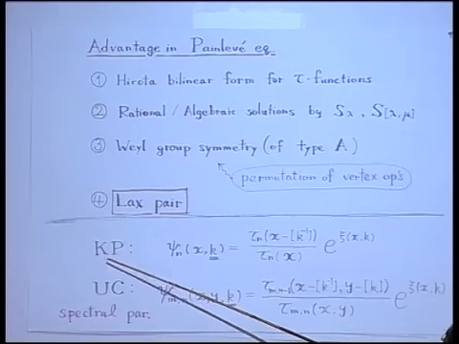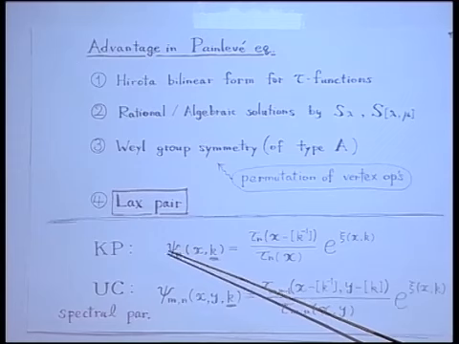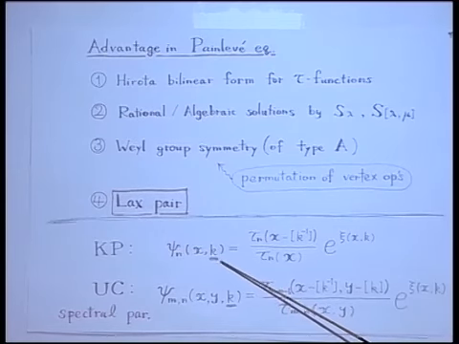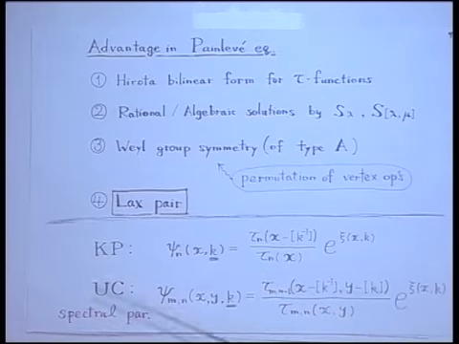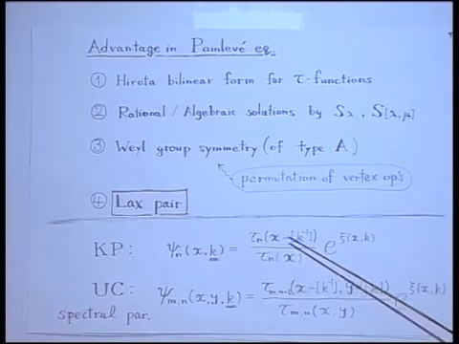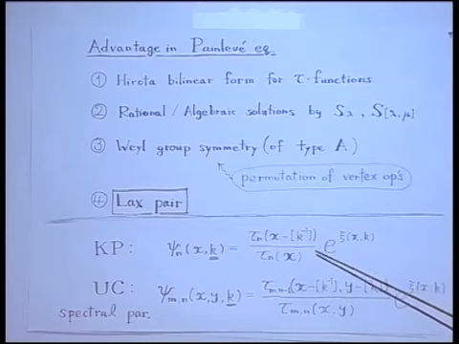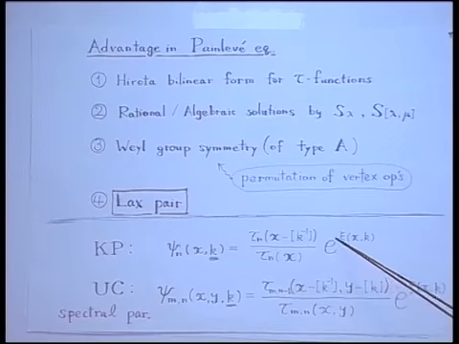So for KP, we can define the wave function psi n. This is a function in x and k. K is an extra parameter called the spectral variable, defined as the ratio of tau functions and the exponential function here.